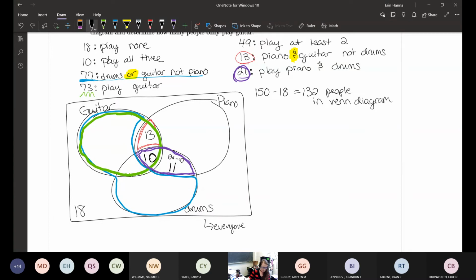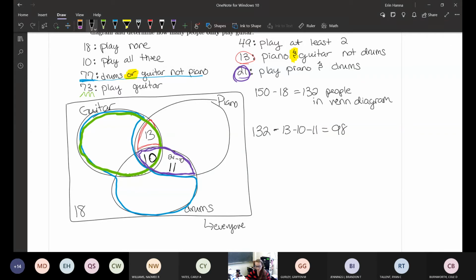If we want to figure out how many people only play piano, well, there's 132 people in the entire Venn diagram. And we have to take out this 13, the 10, and the 11 because they can't end up in here. They can't be in both places. So that's going to give us 98.